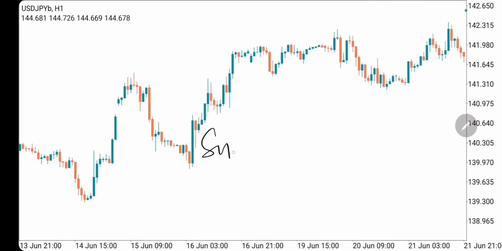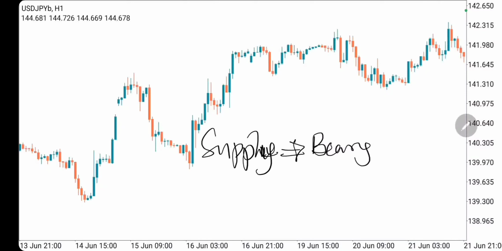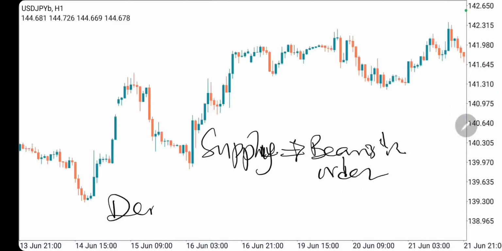The supply zone is a zone where price is expected to reverse in a sell direction, which is the same as a bearish order block, while a demand zone is a location in price level where the market is expected to reverse in a bullish direction.